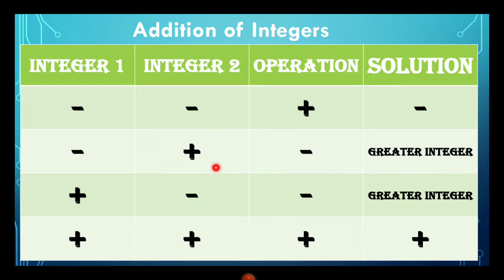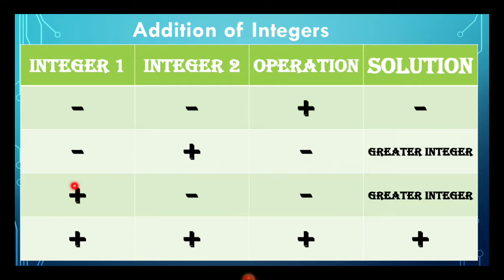As you know, you just need to ignore the signs and then compare. 4 is a greater number than 2. As the 4 has a positive sign, the solution will have a positive sign, so it is +2.